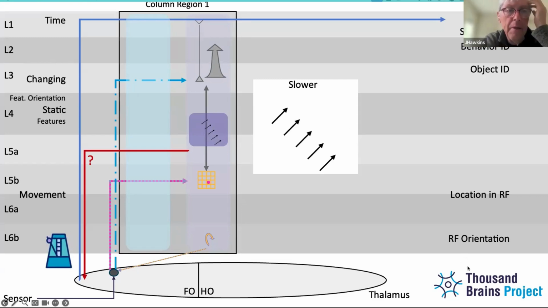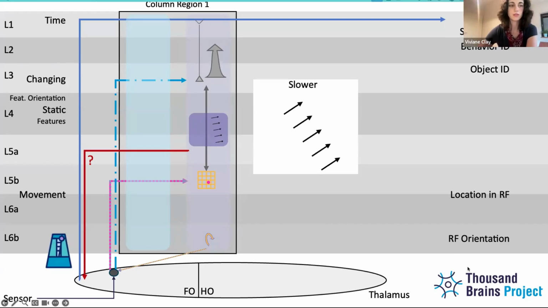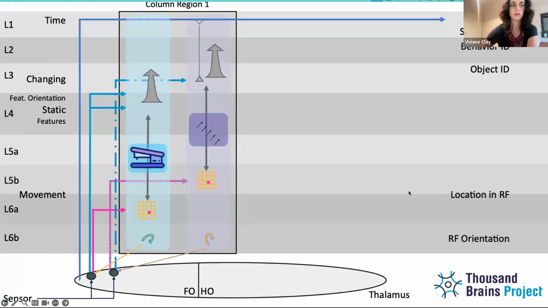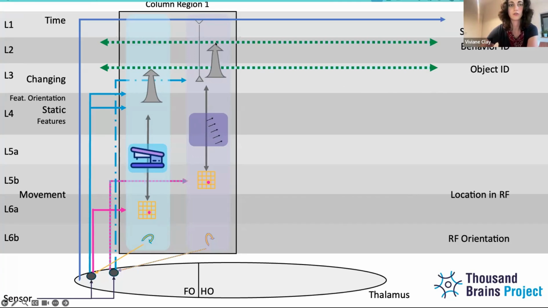Yeah, and talking about global signals, we also want to be able to use multiple columns. So the last part missing in this picture is voting. Similar to how the morphology model can vote on object ID with other columns, the behavior model can vote with other columns on the behavior ID.